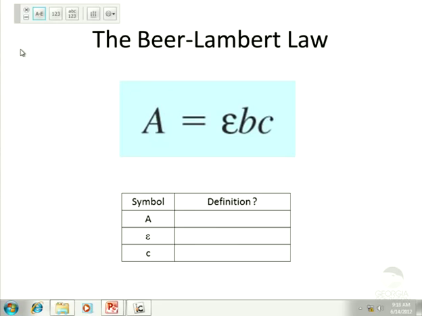Then absorbance is equal to the molar absorptivity if the concentration is 1 mole per liter. So that's why it's called the molar absorptivity. It's how much the sample would absorb if the concentration was 1 mole per liter.